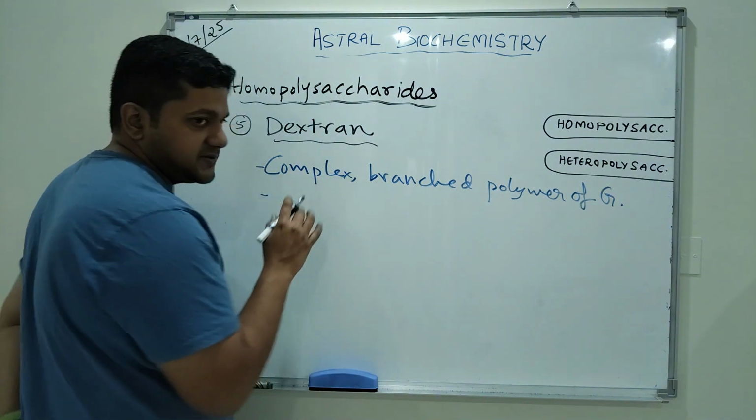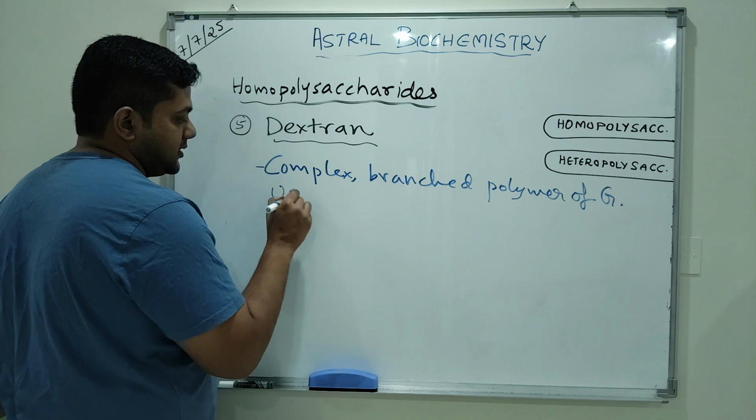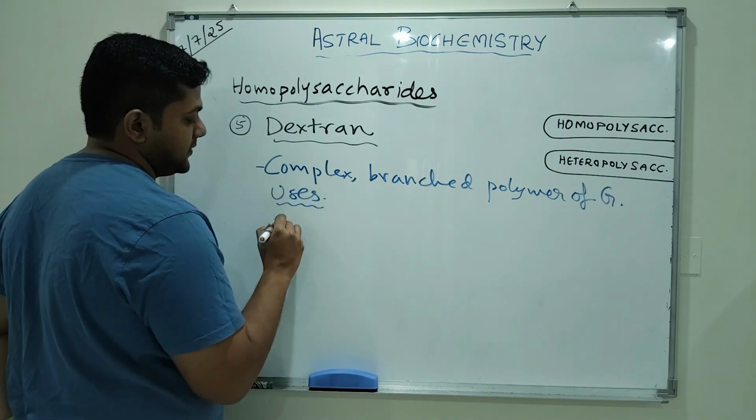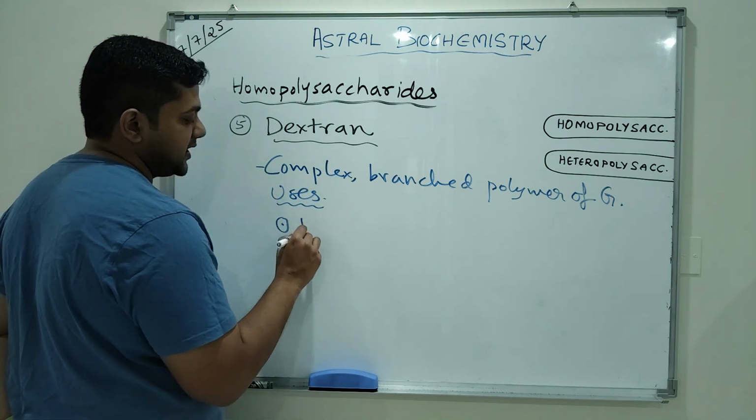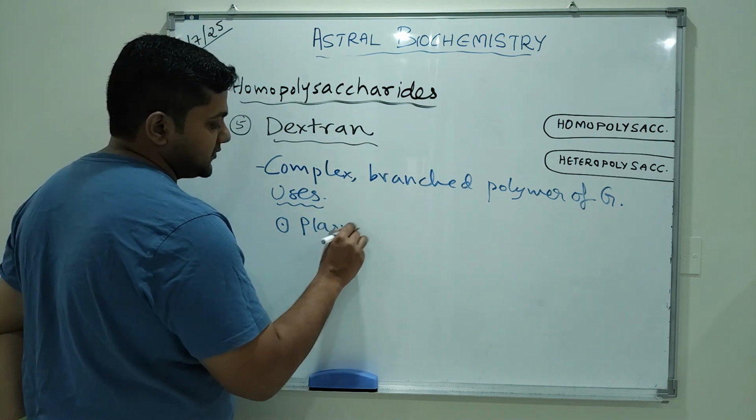Now the uses of dextran are important actually. Uses of dextran. One will be as a plasma expander.